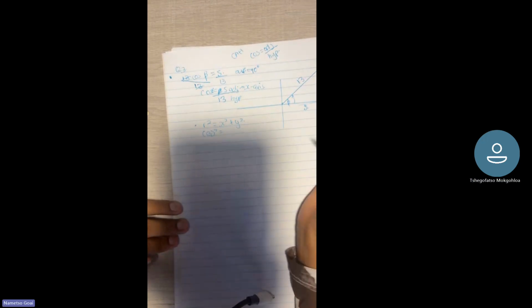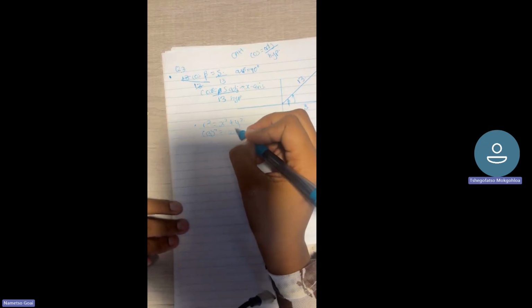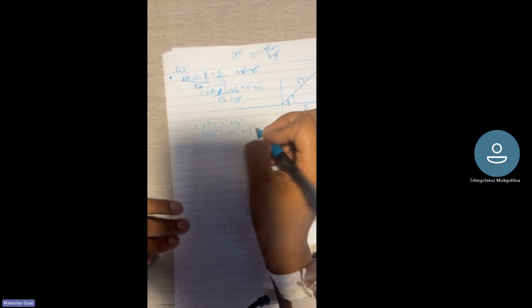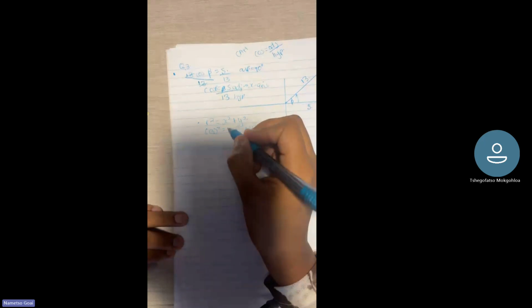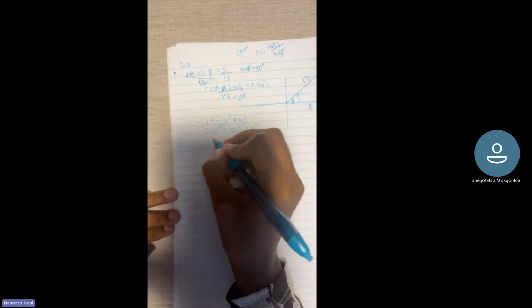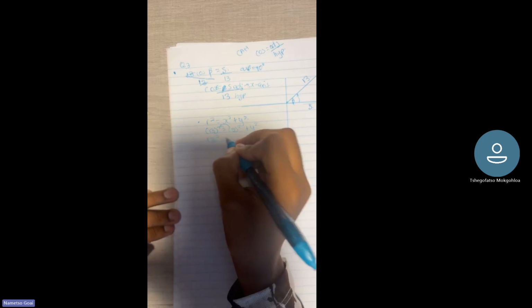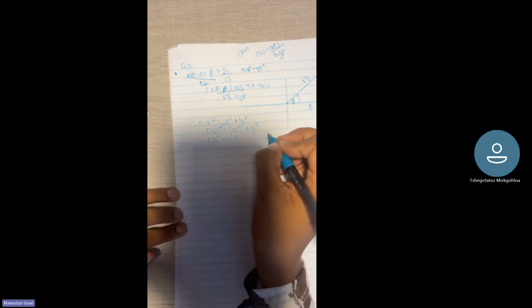The 13. Exactly. 13 squared equals 5 squared plus y squared. Now, in order to make y the subject of the formula, we can just transpose to this side. So we will have 13 squared minus 5 squared equals y squared.